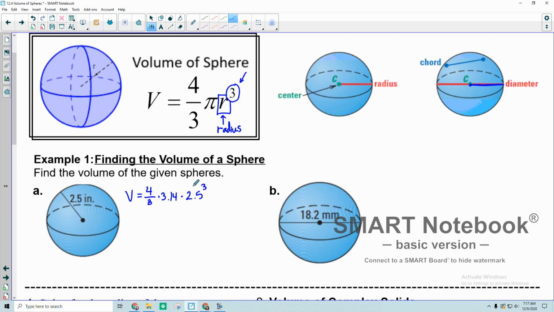Plugging that all in, I get 4/3 times 3.14 times 2.5 cubed. Volume equals 65.4. Awesome. And then inches cubed. Looks great.